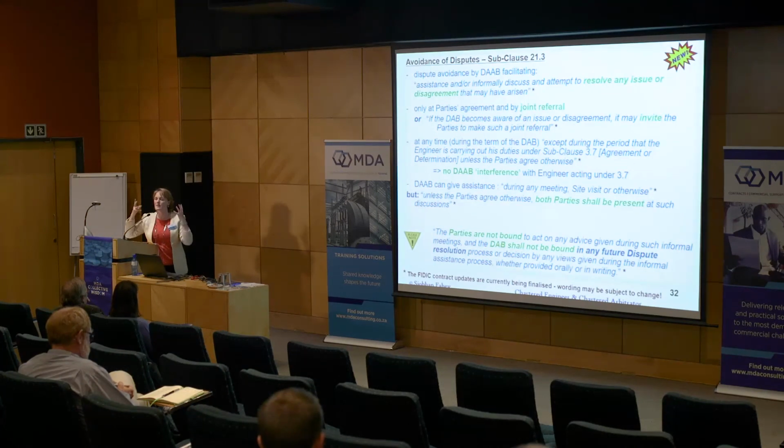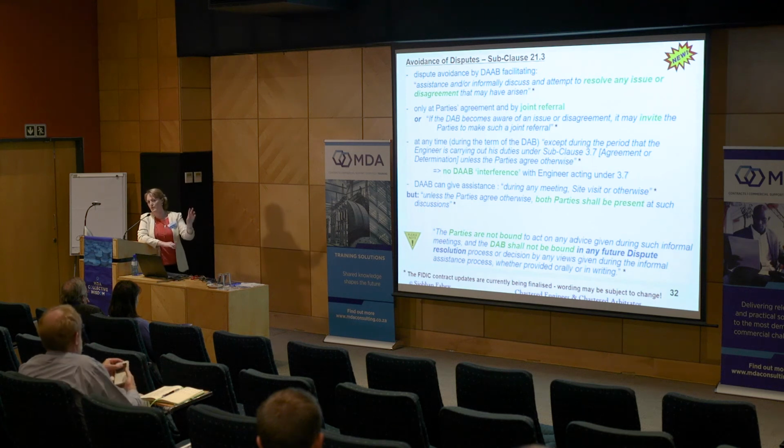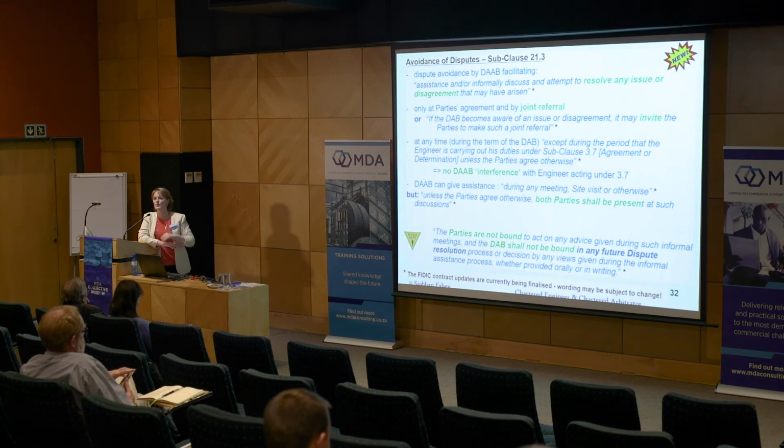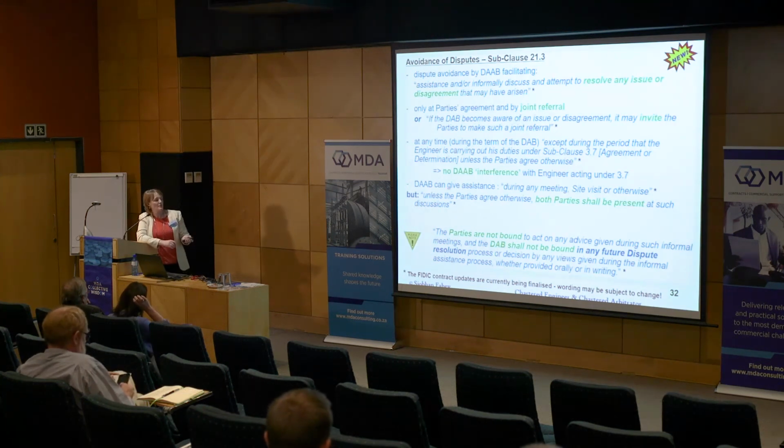And so that fundamental concept of neutrality, impartiality, independence of the DAB is bound to suffer. So FIDIC wanted to keep things flexible for the parties to decide or agree themselves. My own personal view, and I stress that it's my personal view, is don't go down the route of separate meetings. Okay, and Ewan emphasised already that the parties aren't bound by any advice in that scenario.